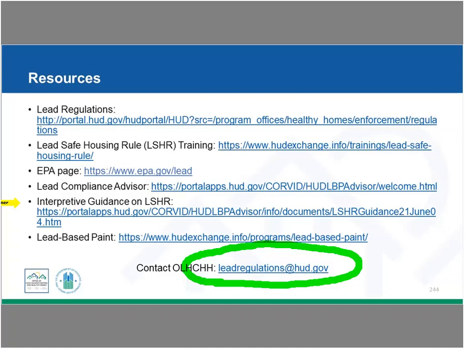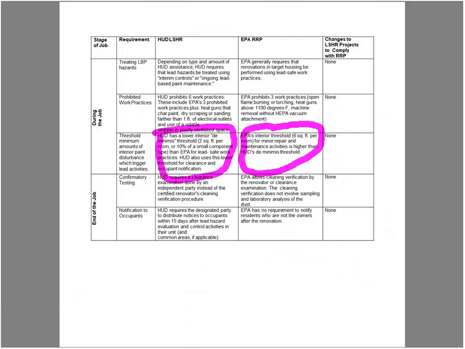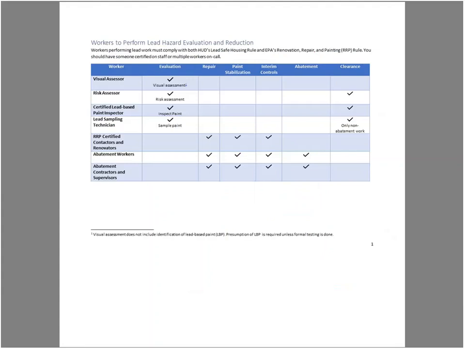If you pull up that worker page and see the chart, the far right column shows that clearance can be done by a risk assessor, certified paint inspector, or a lead sampling technician for paint stabilization. So we still need some certified person to conduct clearance.